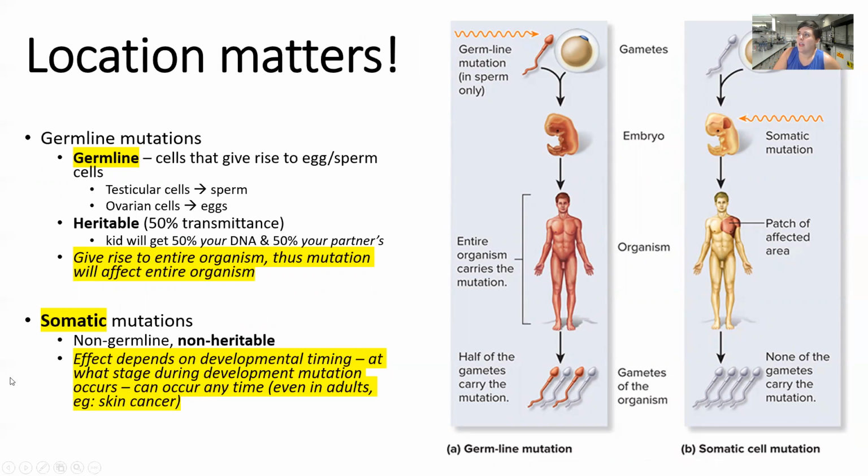Starting on the left, where we're looking at germline mutations, let's say you have a mutation that occurs in the testes, and so the sperm created by the testes carry that mutation. The information carried by those sperm will contribute half of the DNA carried by that organism.